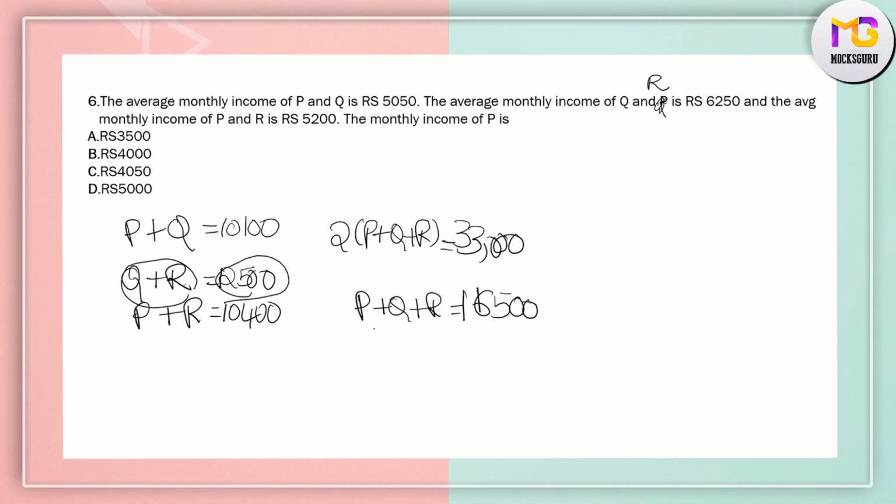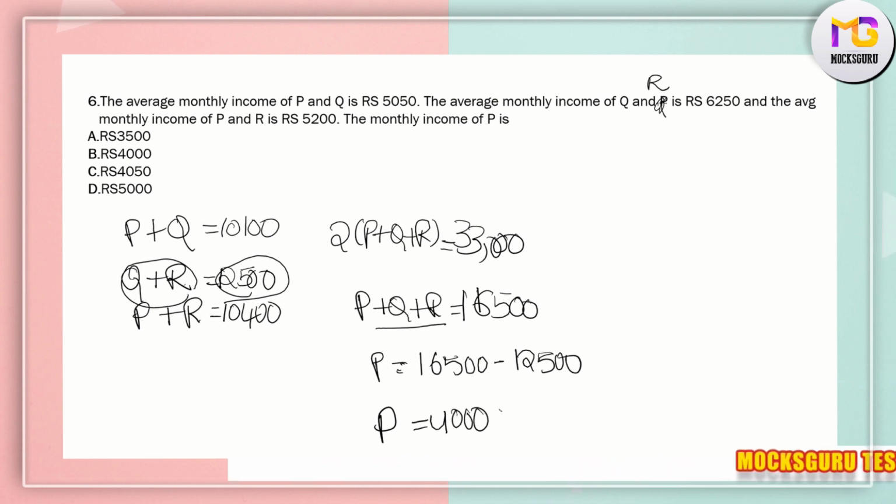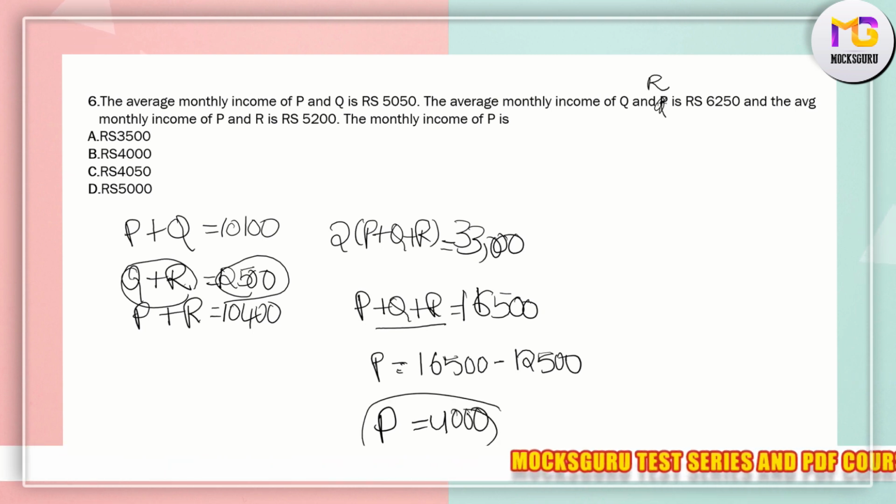So we have to substitute it here. P is equal to 16,500 minus 12,500. So the value of P is 4,000. So the answer is 4,000, which is option B.